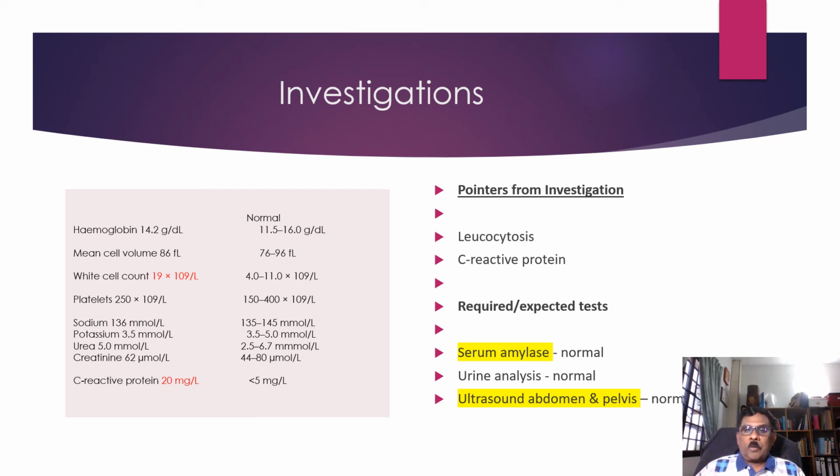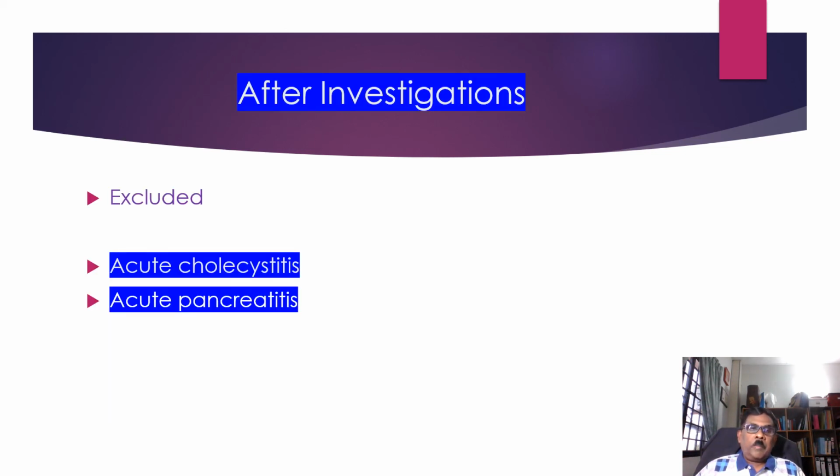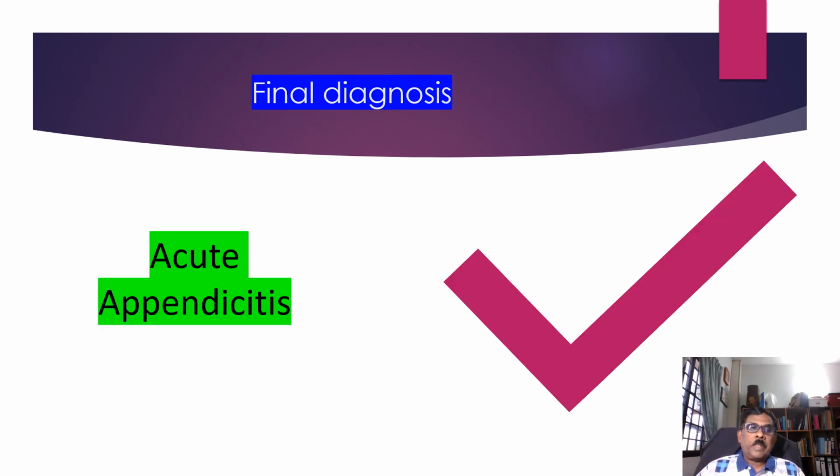We assume these are normal as they were not told to be raised. As such, based on this, our diagnosis will be acute appendicitis, and acute cholecystitis and acute pancreatitis would have been excluded. So the final diagnosis left is acute appendicitis.